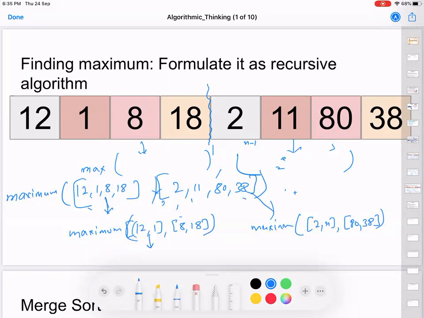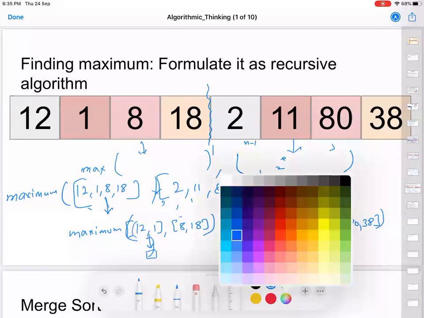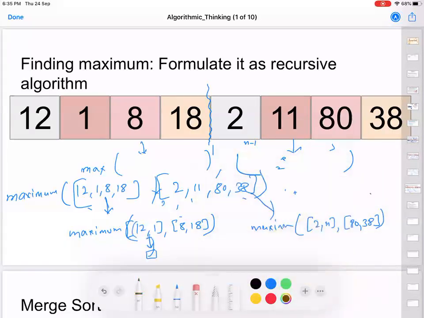So base case is when your array has just 2 elements, when you have to find the max of just 2 elements, that is your base case. So this person over here gets the base case and returns the maximum, that the maximum of these two is 12, right? So I'm going to write the reverse part of here. So this person returns 12, this function returns 18, and this one returns 11, this one returns 38.